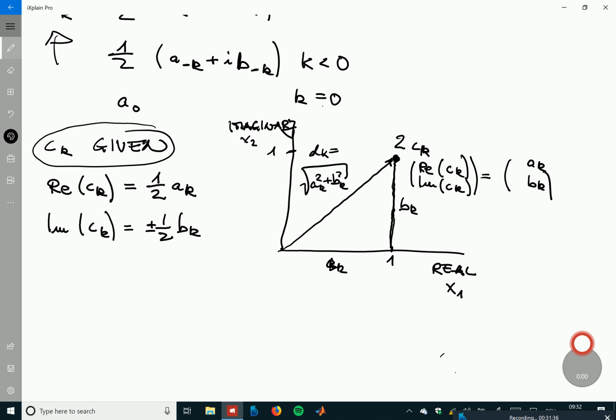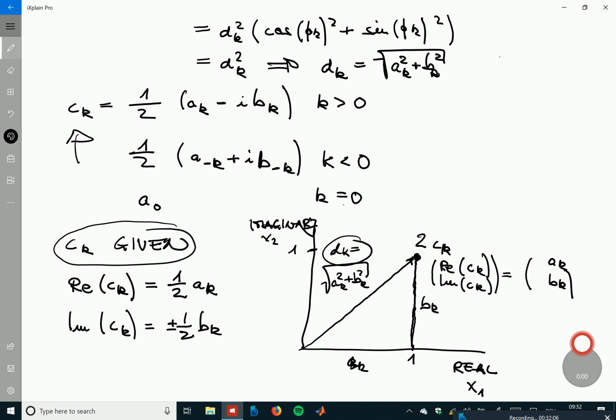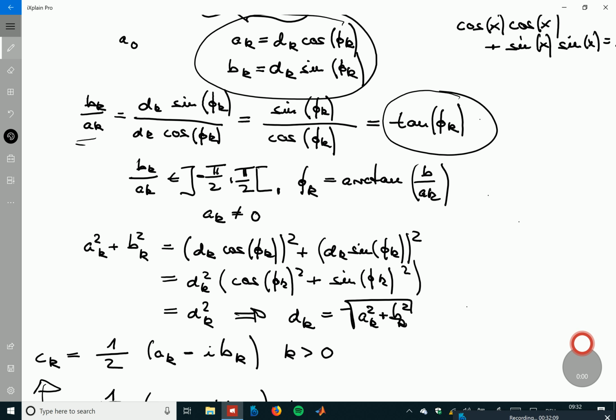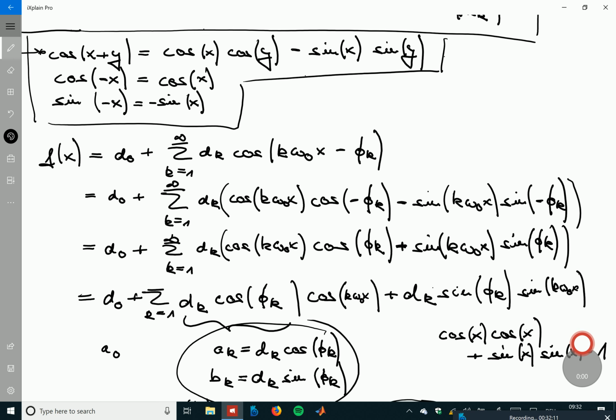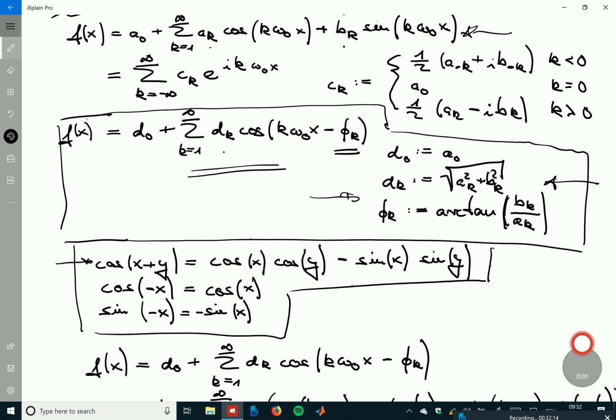Well, this is supposed to mean that if you are given this complex coefficient in the exponential, in the complex representation of the Fourier series, then if you evaluate the real and the imaginary part of this complex number, and you take the square of these real and imaginary parts, sum them, and take the square root of it, then you get the amplitude of the cosine term in the polar form.